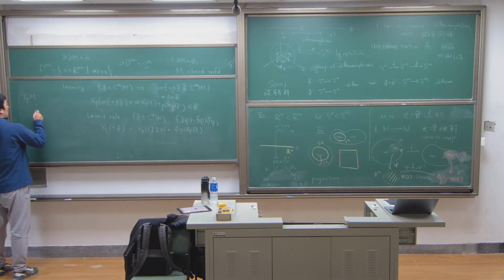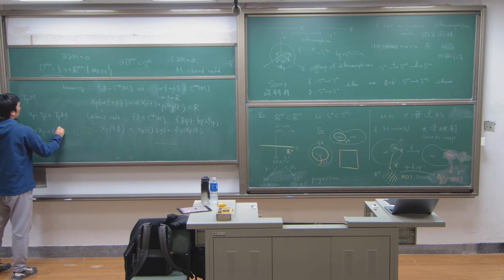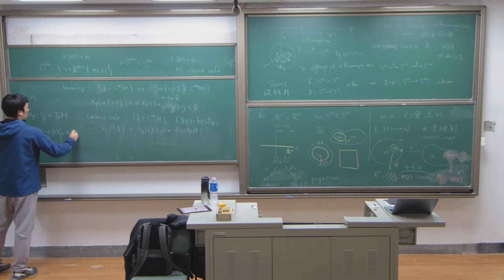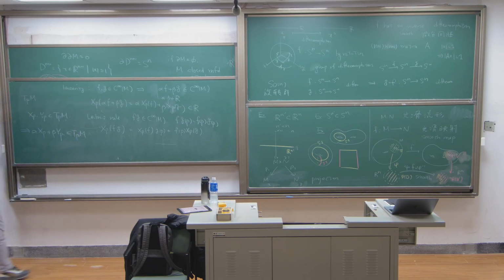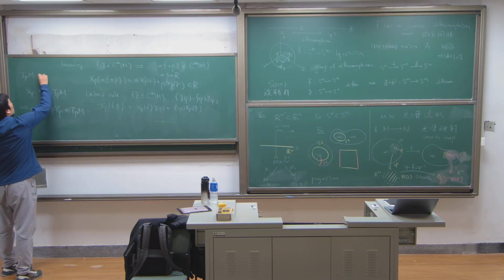Then alpha X_p plus beta Y_p is also in the tangent space. So this is a vector space.